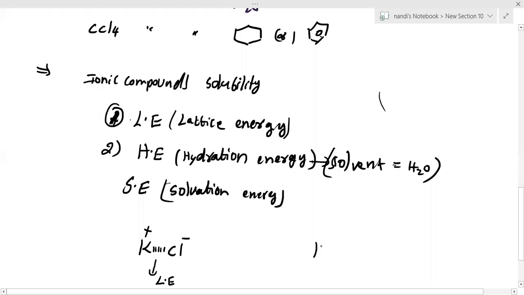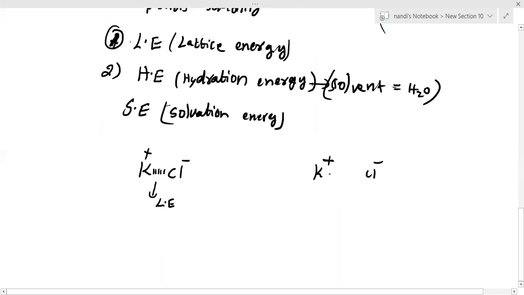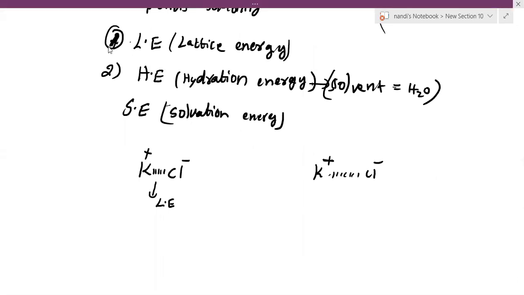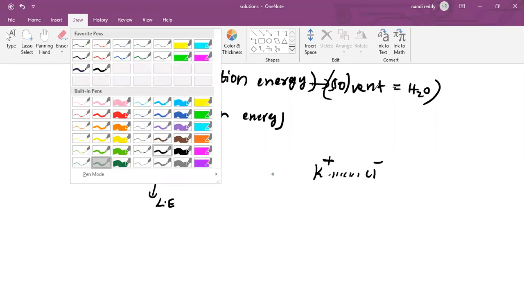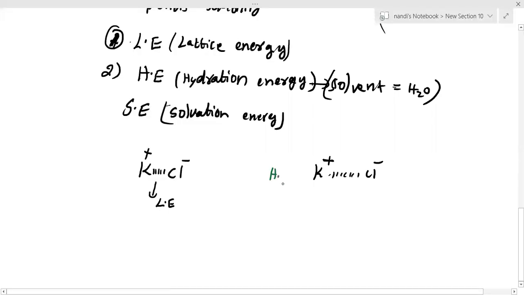So when KCl dissolves in water, lattice energy is there. Now I am showing hydration energy also, because the solvent is water, that's why I am taking hydration energy here.